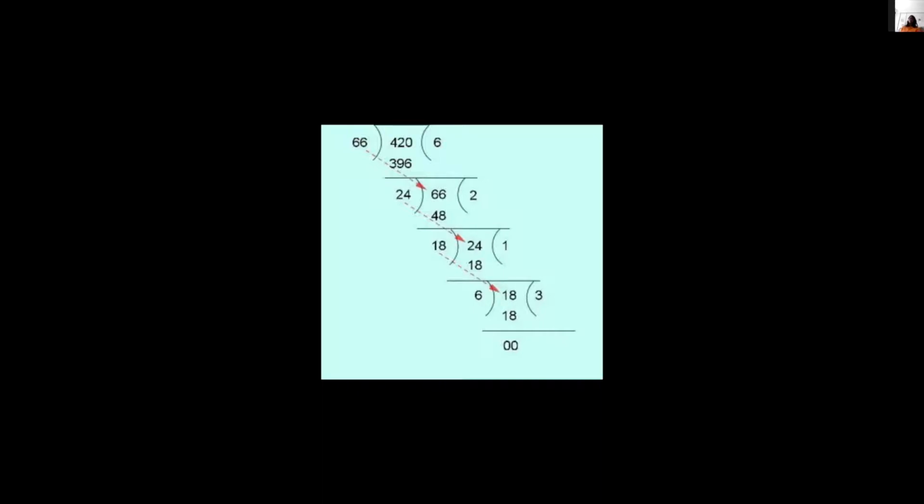So when I say A is equal to BQ plus R, we did it in the last session. A is the dividend, B is the divisor, Q is the quotient, and R is the remainder. This A equal to BQ plus R is nothing but dividend is equal to divisor into quotient plus remainder, which we've learned in our lower classes. It's just the way of representation that is different.